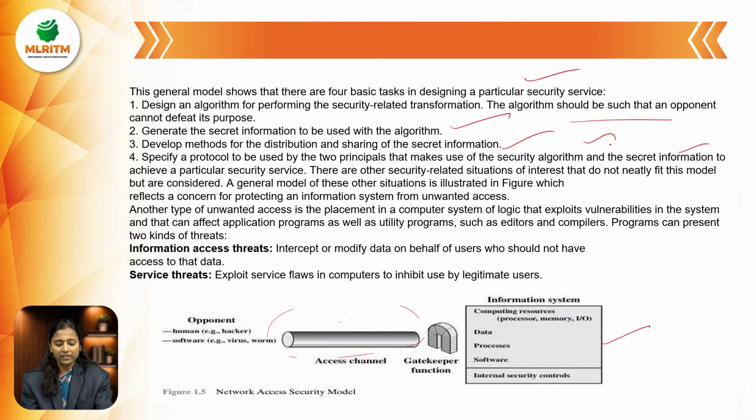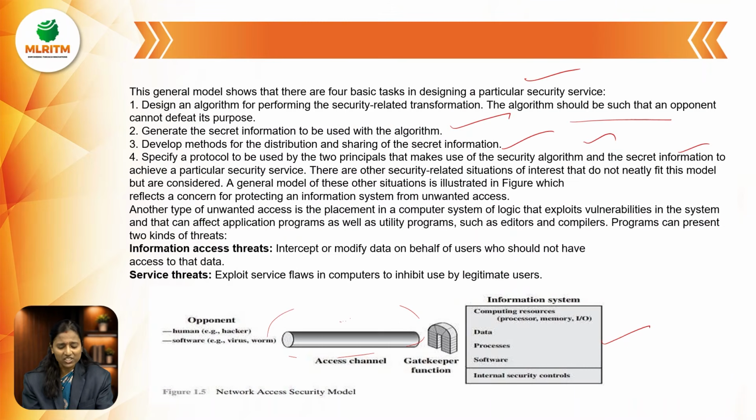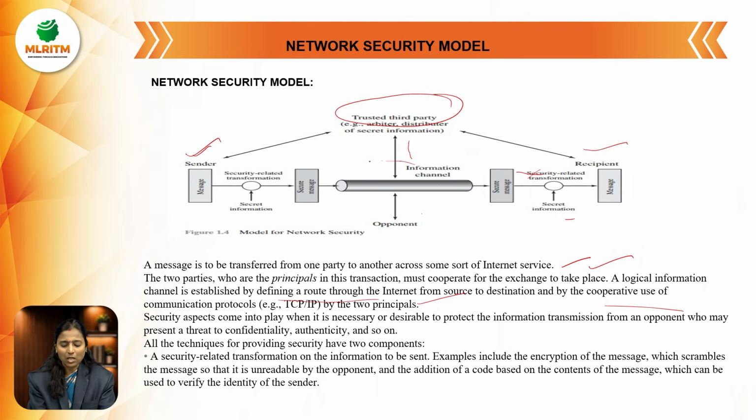As you can see in this figure, whenever messages are sent from the sender to the recipient, if any unwanted messages are displayed, they will be identified by the system, by this opponent. Why? Because this opponent is generating secret information that is sent to this recipient.